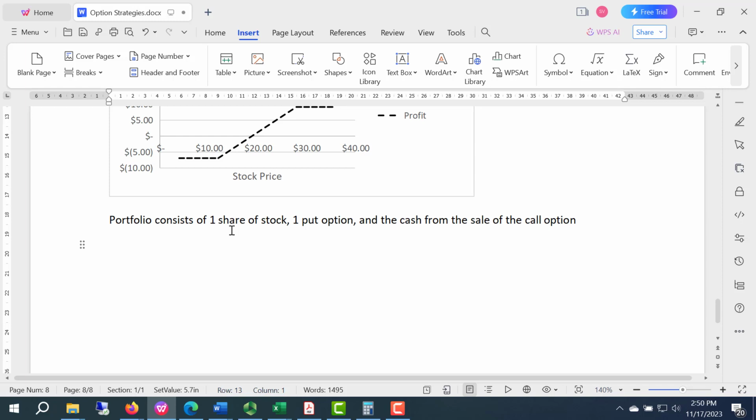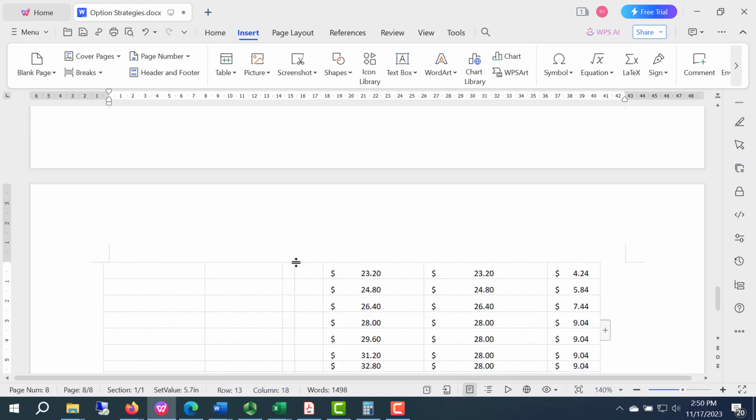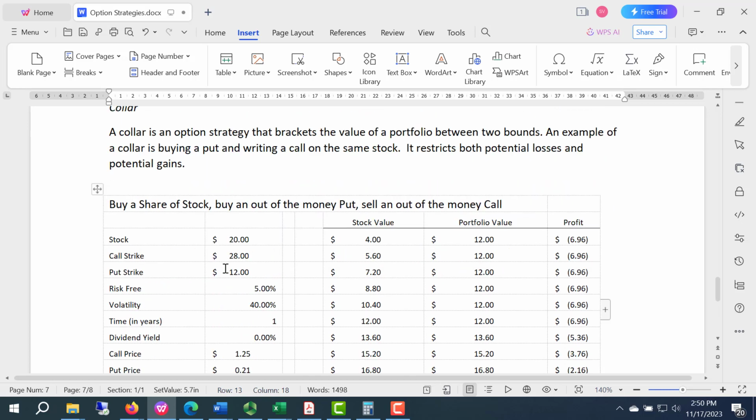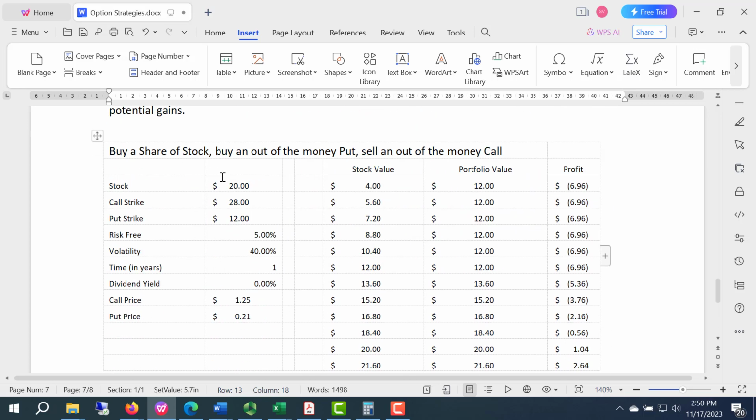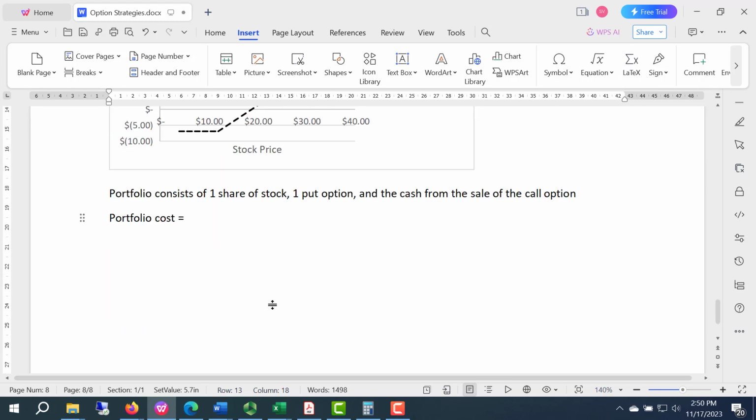So let's say, for example, the portfolio cost is equal to the price of the stock at $20 plus the price of the put at 21 cents, or $20.21.